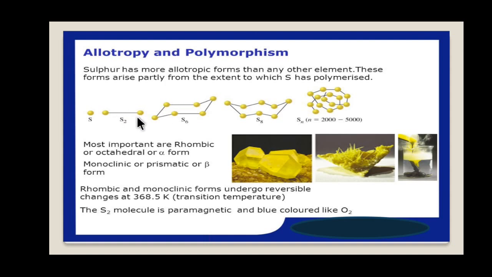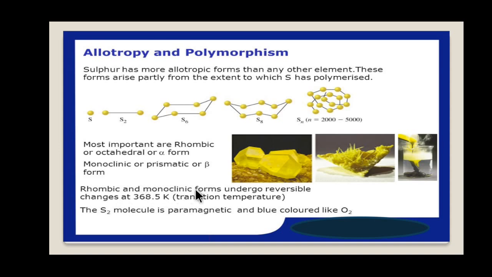Sulfur can polymerize: S2, S6, S8, and Sn are possible. The most important forms are rhombic, octahedral or alpha form, and monoclinic, prismatic or beta form.